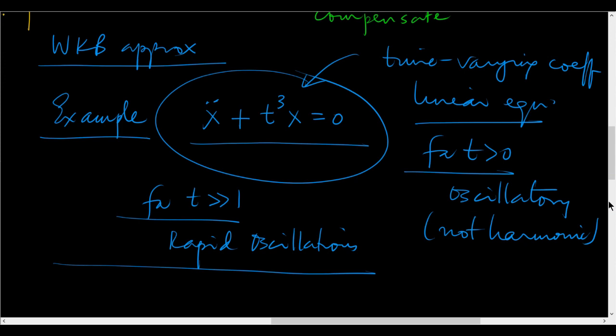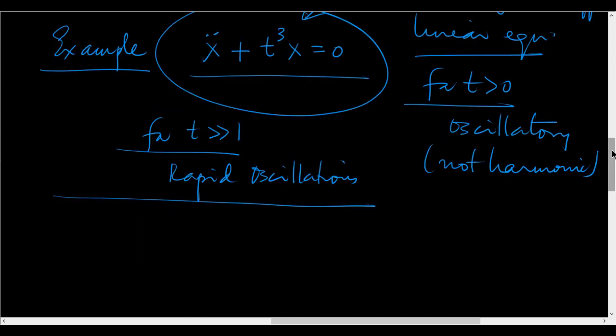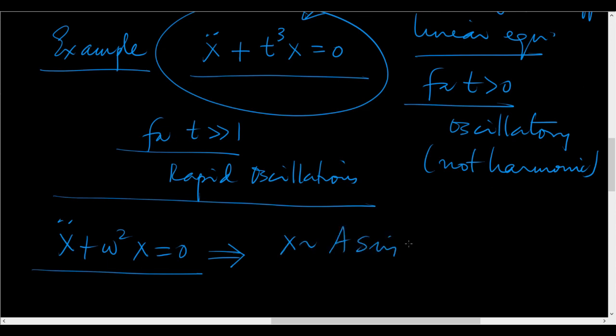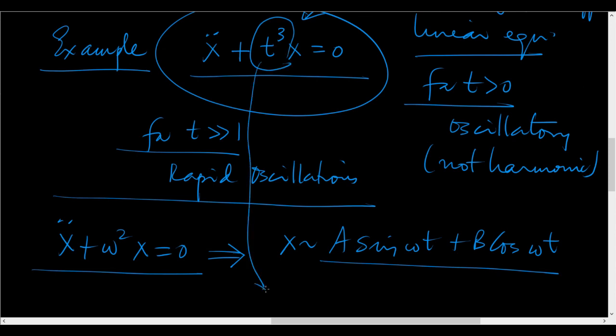So the key to study this is to note that if we had x double dot plus omega square x equals 0, we would have x is something like a sine omega t plus b cos omega t. So over here, if we think of this as somehow corresponding to omega square, then omega is something like t to the 3 by 2.